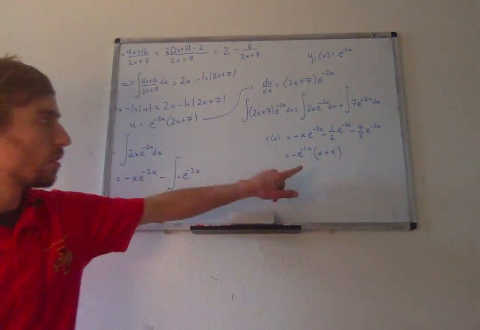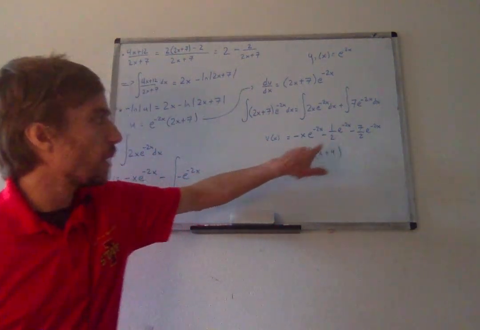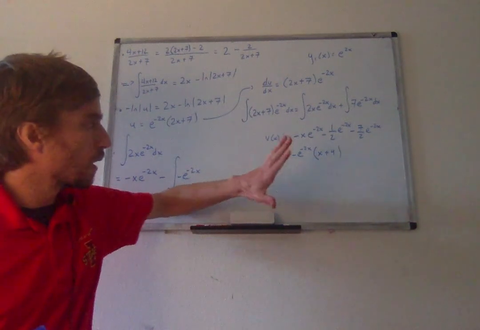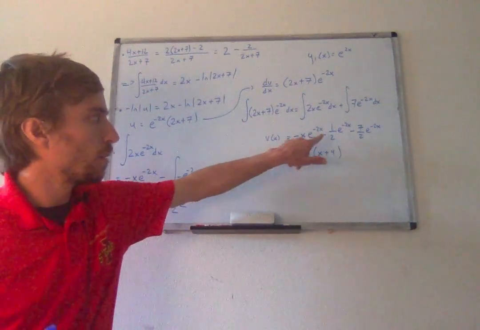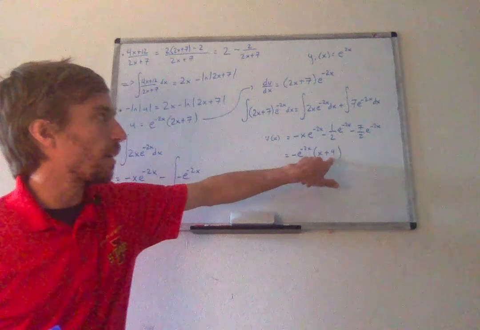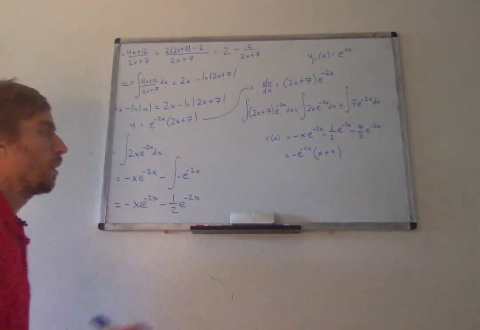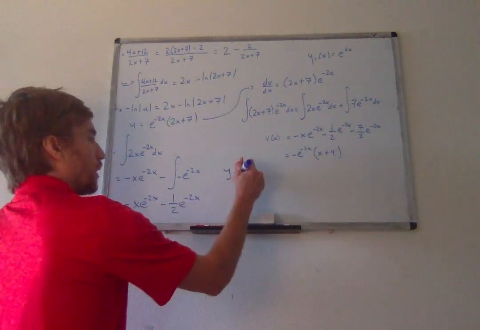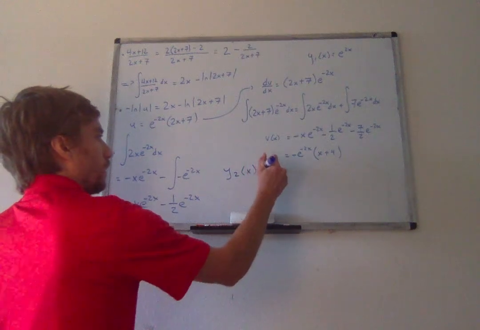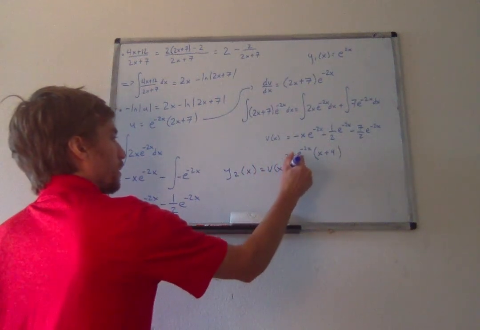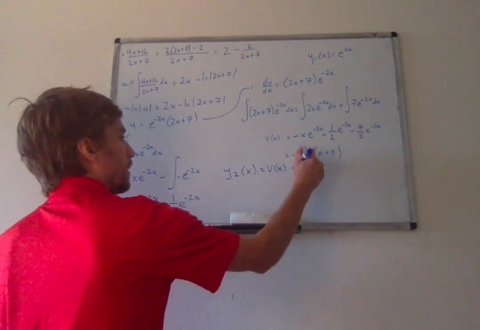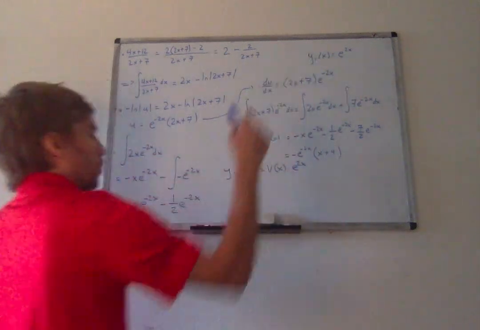So I did this. Notice I can factor out an e to the negative 2x from each of these terms. At that point, I get x plus 1/2 plus 7/2, which is equal to 4. But remember, the solution we're looking for is equal to v of x times e to the 2x, which is y1.